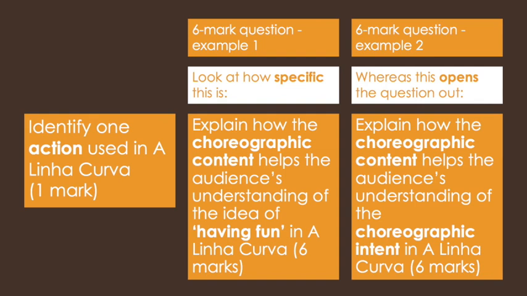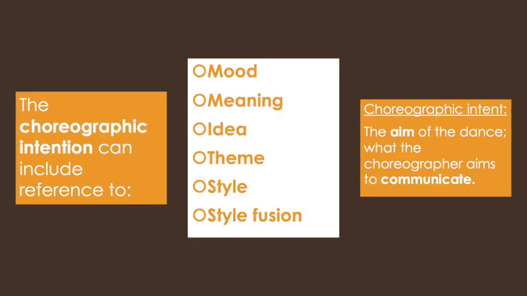This means that you can talk about how the choreographic content, which could include reference to the movement content, structuring devices and form, or the choreographic devices, and how this helps the audience's understanding of the idea of having fun, and the men pursuing or communicating or showing off to the women. This is much broader than the first example, which asks you to specifically focus on having fun. The choreographic intention of a work is the aim of the dance, or what the choreographer aimed to communicate.